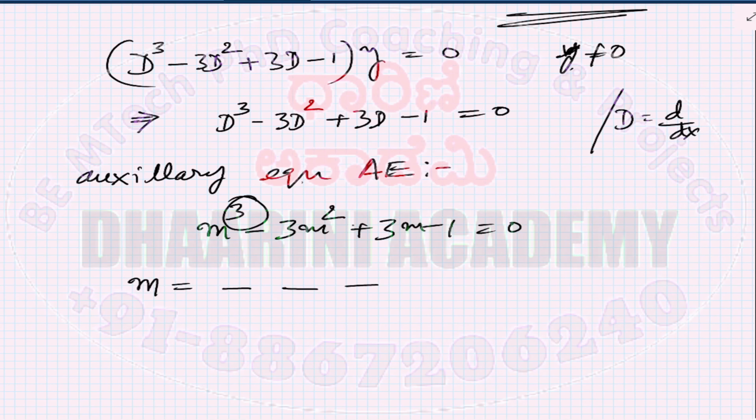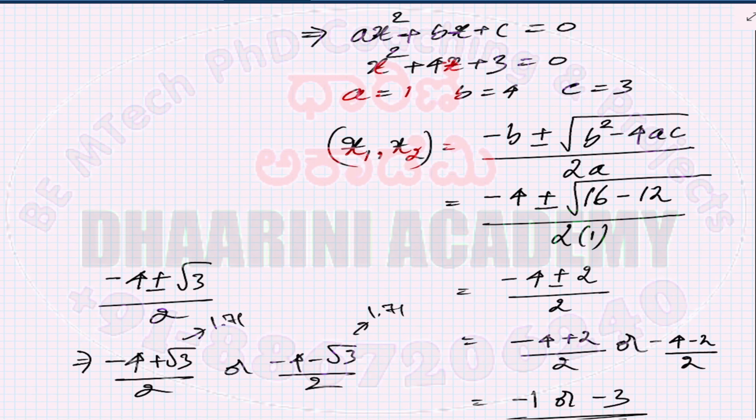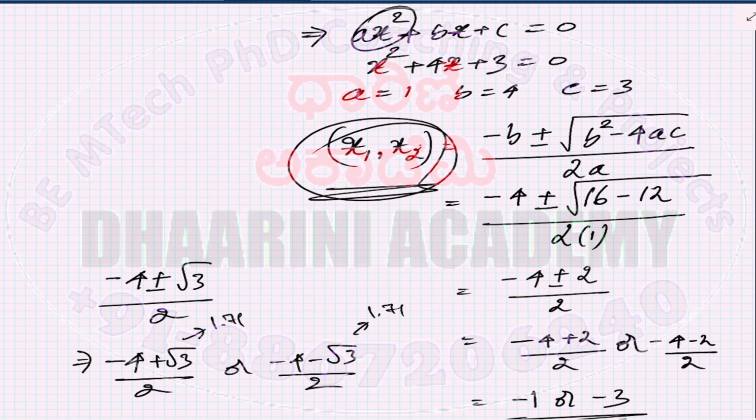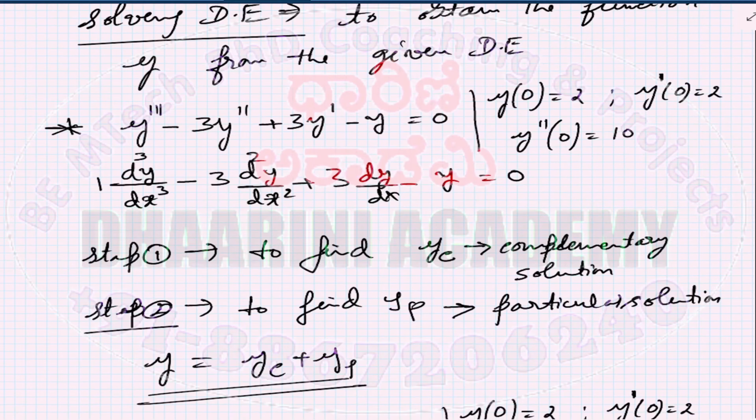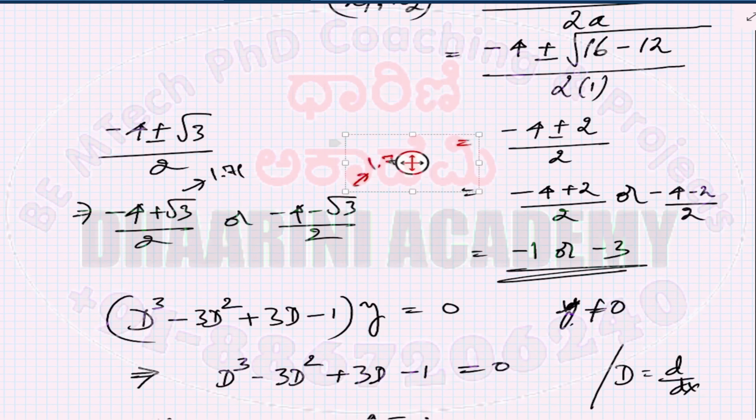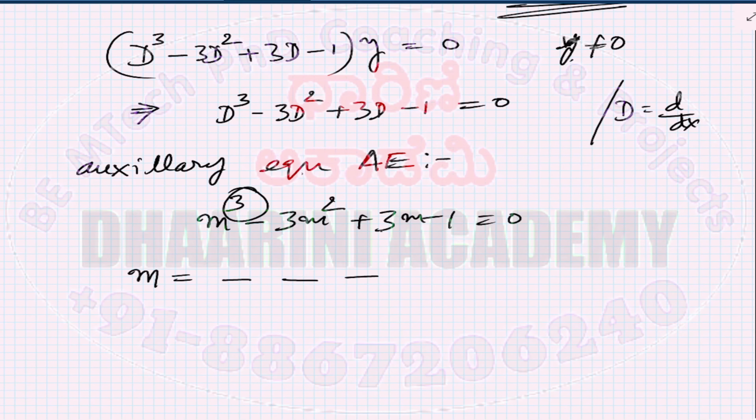So previously, the highest power was 2. That's why you got two answers there, x1 and x2. Now the highest power is 3, so I'm expecting m1, m2, m3.